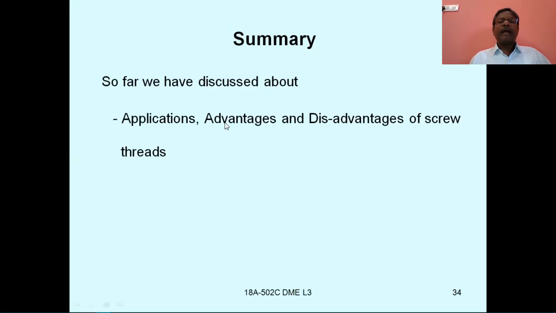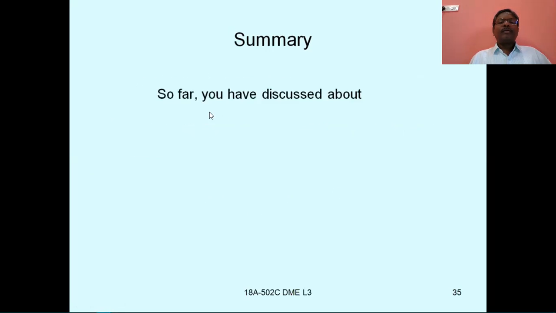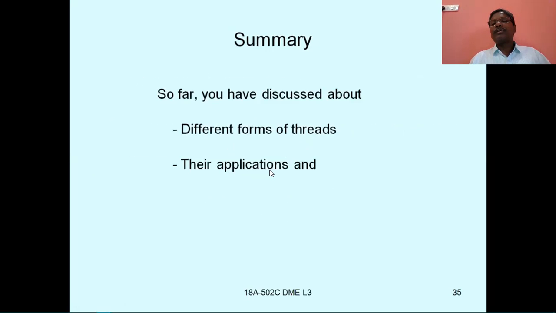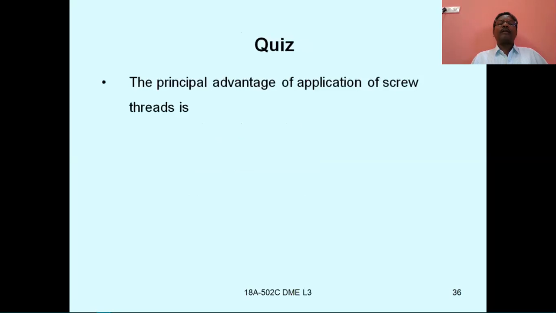Different forms of threads and their applications, and proportions of forms of threads have also been discussed. So let us see, friends, some quiz questions we have discussed so far.